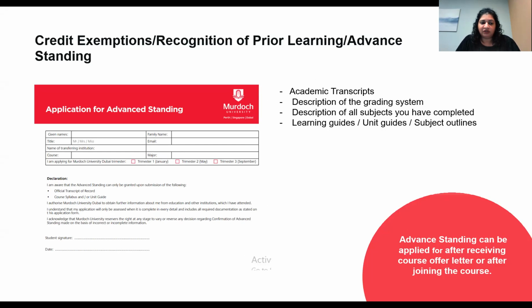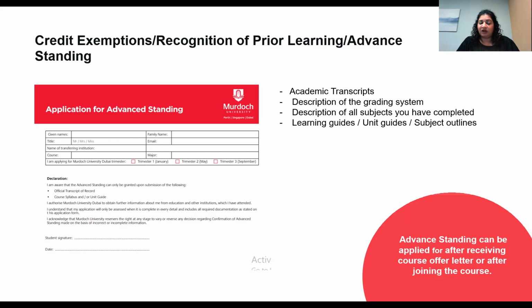You need to fill out this form, which we'll share with you if you ask us. We'll also need your academic transcripts from that previous education, a description of their grading system, and a description of the subjects: unit guide, subject outline. These are things that your previous institution will be able to provide.